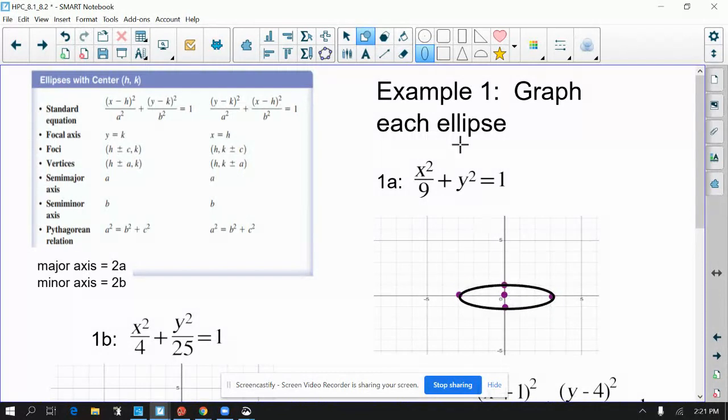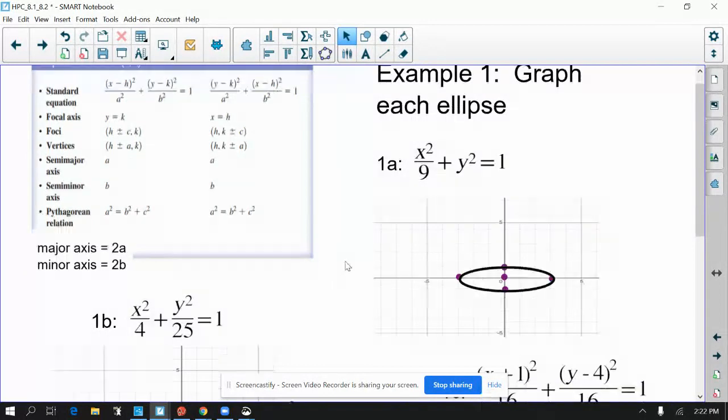So here it is, centered at 0, 0. 3 to the left, 3 to the right. The major axis is 6 units long, but remember 9 goes under here because it's A squared. If the major axis is 6, A is 3 and A squared is 9.